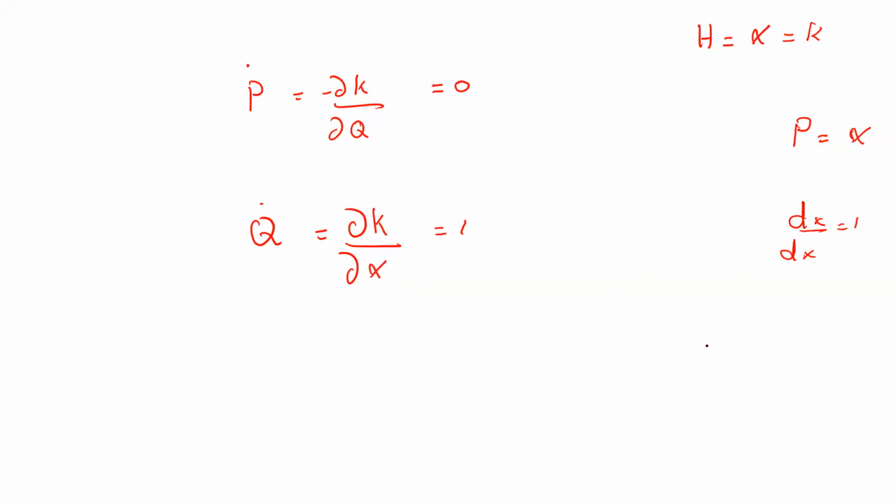So this gamma can be a function of alphas, because sometimes a group of integration constants will correspond to the new conjugate momentum.